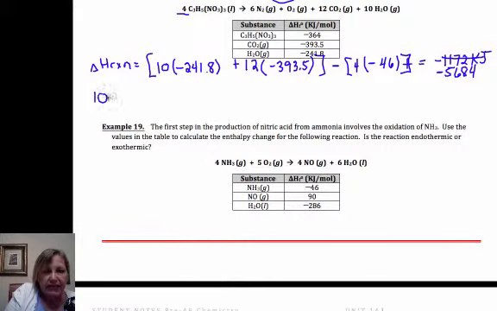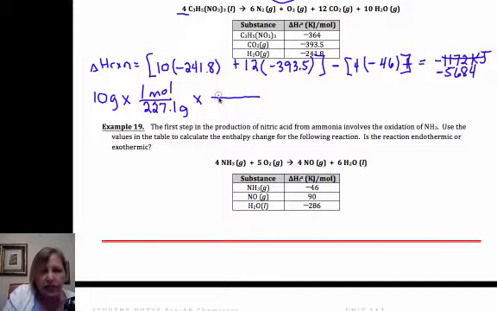So if I take my 10 grams of nitroglycerin times 1 mole per the molar mass, to moles, use molar mass. Isn't it amazing how far you've come in a year? I'm so proud of you guys. Minus 5,684 kilojoules. Now we calculated it for this reaction as written.